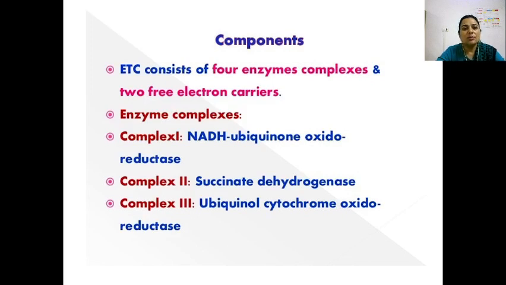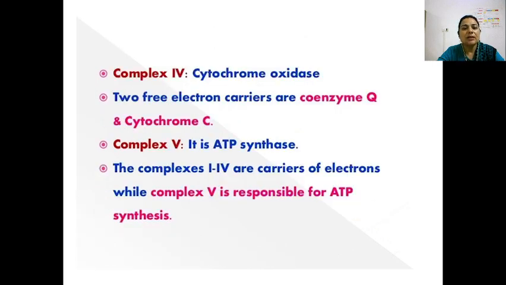The components of the electron transport chain comprise 4 enzyme complexes and 2 free electron carriers. Complex 1 is NADH ubiquinone oxidoreductase, complex 2 is succinate dehydrogenase, complex 3 is ubiquinol cytochrome oxidoreductase, and complex 4 is cytochrome oxidase.